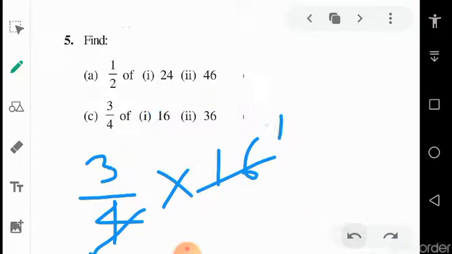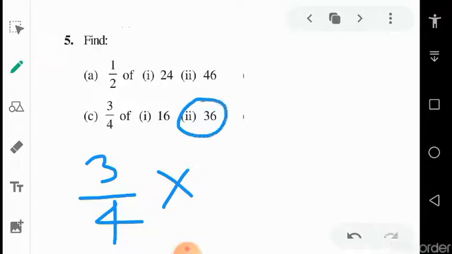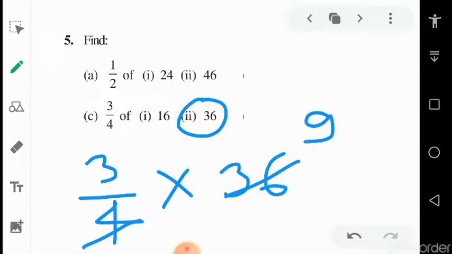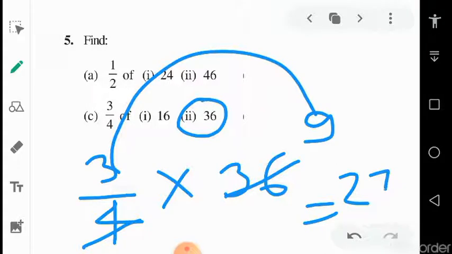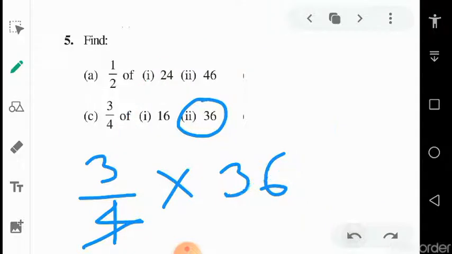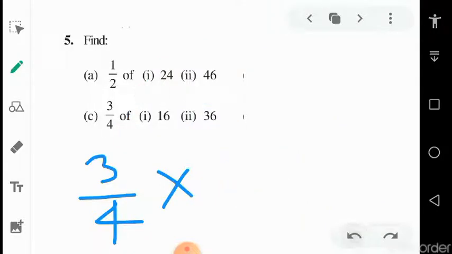Okay, next is 3/4 of 36. So we write 3/4 of means multiply and 36. Again 4 9s are 36 and we can multiply 3 9s are 27, and this is the answer. It means we can say that 3/4 of 36 is 27. Now it's interesting, isn't it?